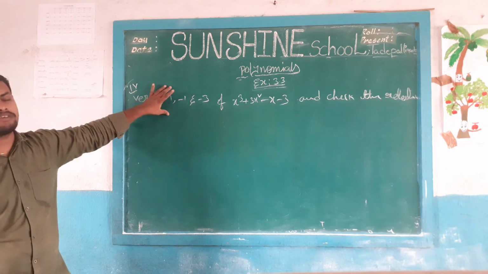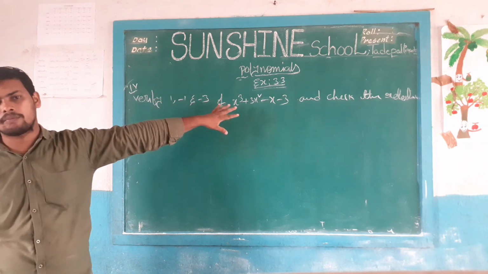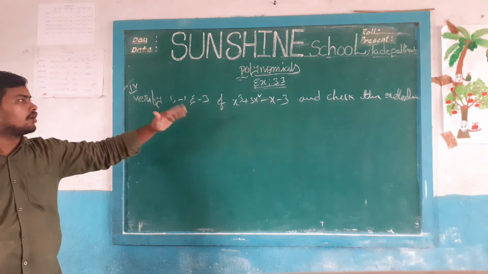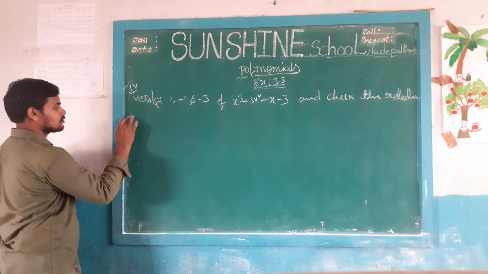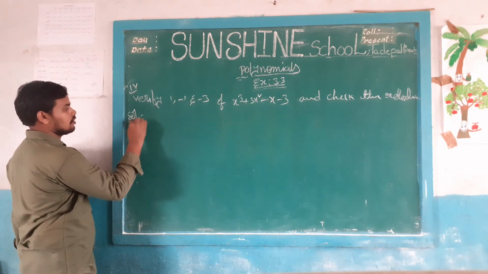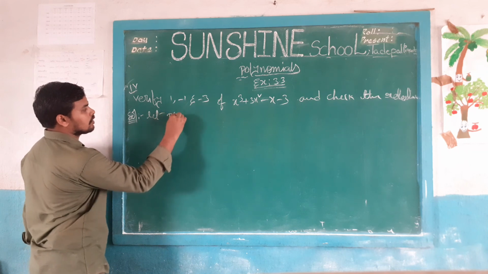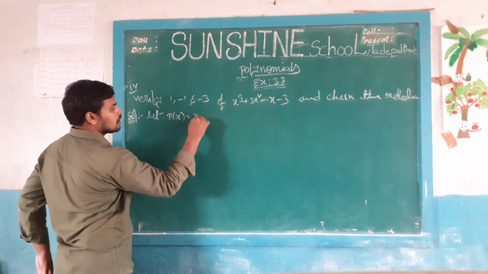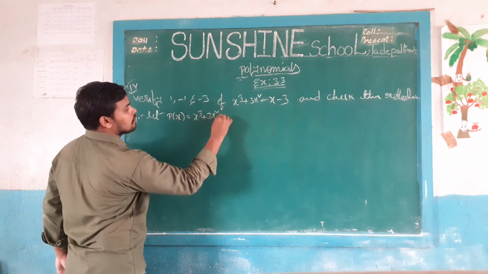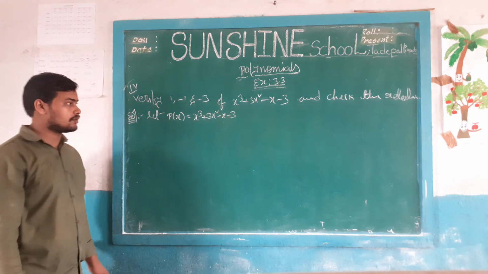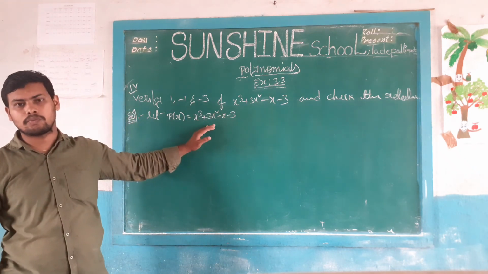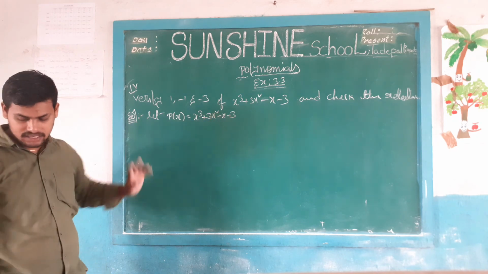Verify means whenever we substitute these values in the given polynomial, the result must be equal to 0. So let p of x equal to x cube plus 3x square minus x minus 3.